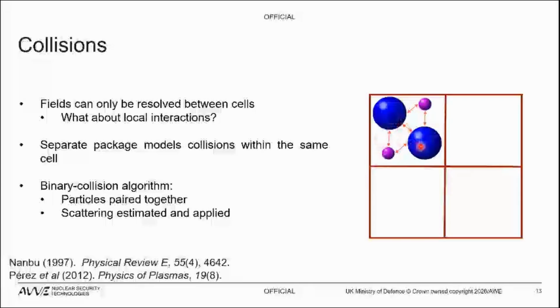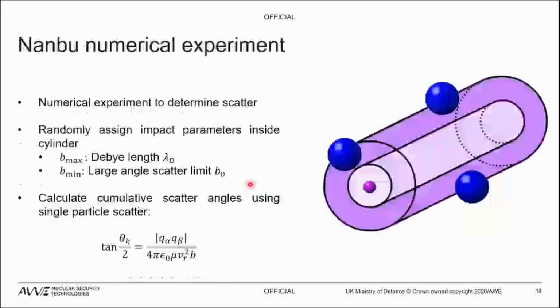We're not considering the relative fields of each one. We can get around this by having a sort of hand-wavy collisions package that we can stick in and model things instead. And what we do with this is we use a binary collision algorithm which estimates how much these particles should have been scattered in a given time step, and then applies that scattering.